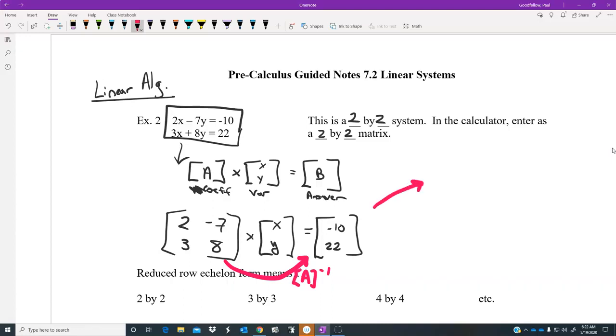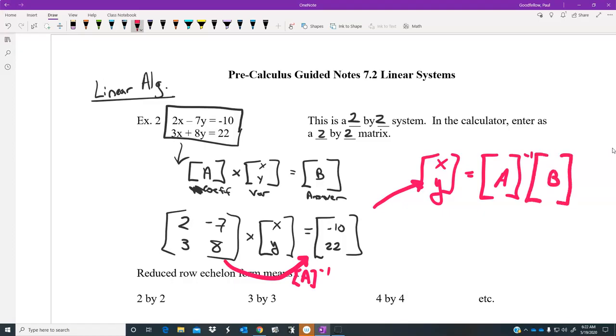Once you got those plugged in, the matrix that you're looking for, x and y, would be the inverse of the coefficient matrix multiplied by the answer matrix over here. I'm writing it out in terms of what the operation is, because ultimately I would go to my calculator to calculate this particular question.